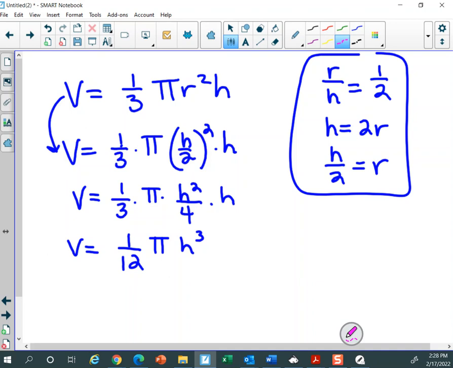Remember that you can set up the ratio of the radius to the height, and that's how you can relate them. It was a 5 and a 10 specifically that created the half. It's not a half for every cone.